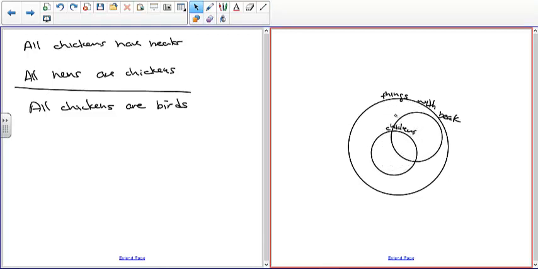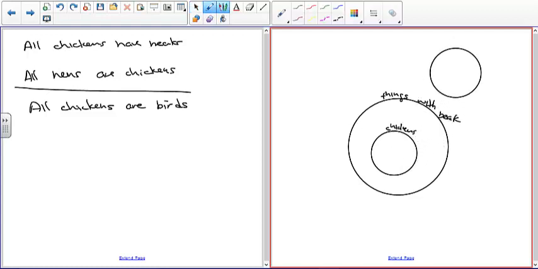I mean, we know that, but you have to answer these questions relative to what's stated, not what you understand. So the only thing, the second part that says all birds have beaks, is that if this is the circle for birds, let me write down that birds. Let's group those together, the title.